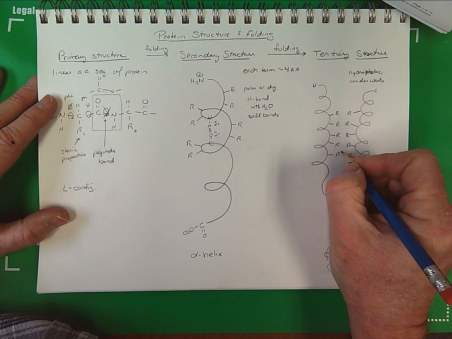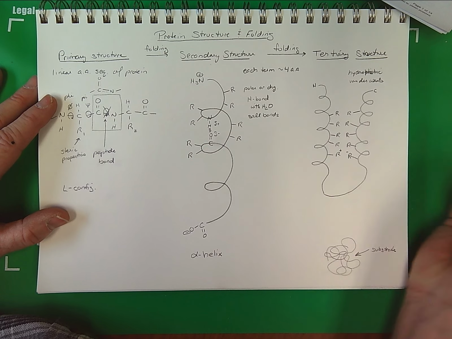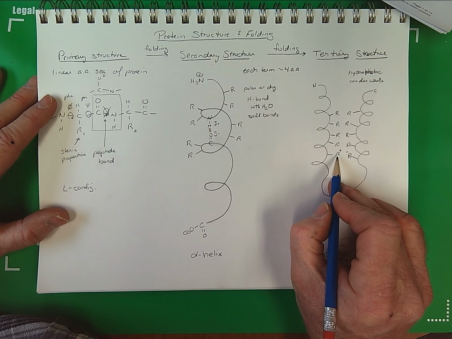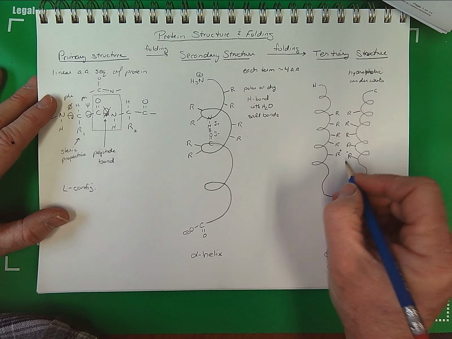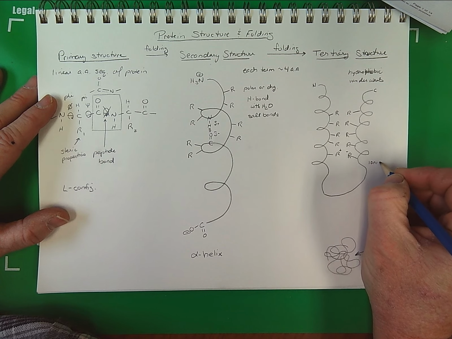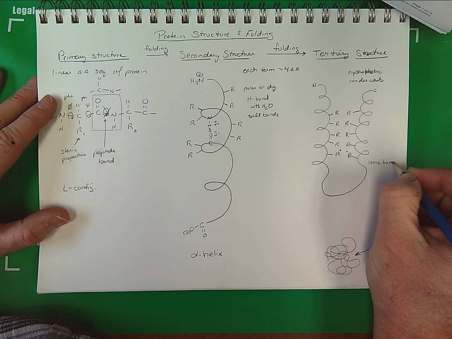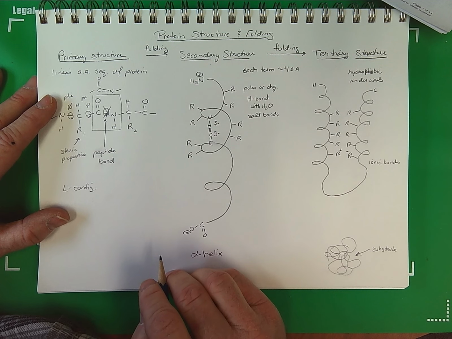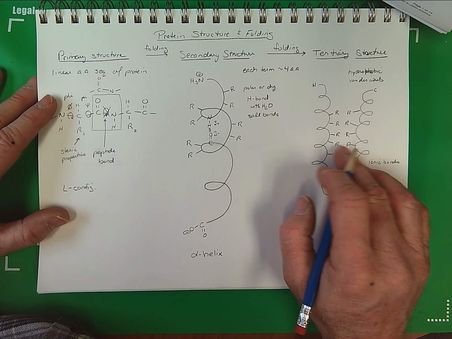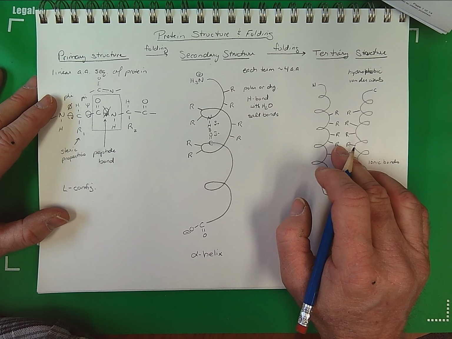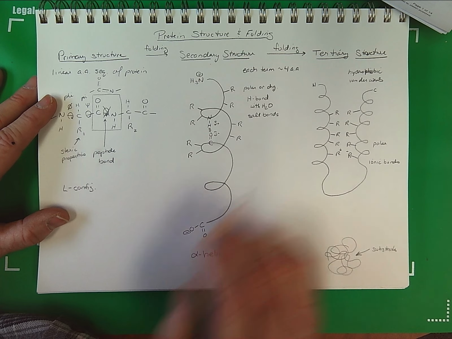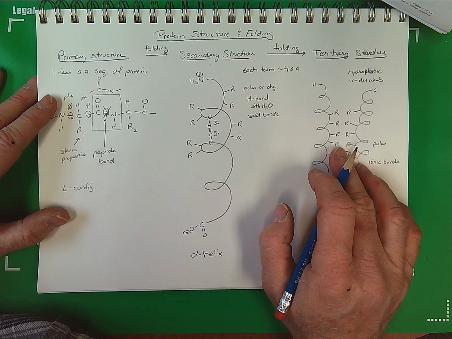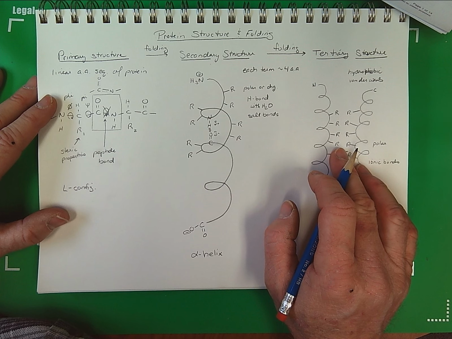What if these R groups are charged, such as a lysine opposing a glutamate? These can form ionic bonds. Likewise, if we have opposing polar groups with partial charges, we can have polar groups interact.